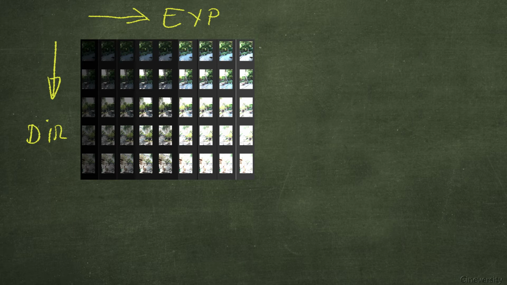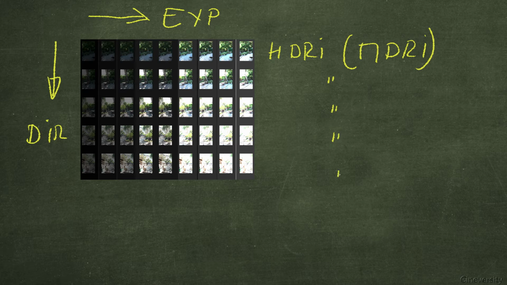So we get for each direction one HDRI, and let's say we get sometimes only an MDRI, medium dynamic range. LDRI would be then low dynamic range when we have only one exposure, just to clear the terms. So we get here from this example maybe 5 different directions.